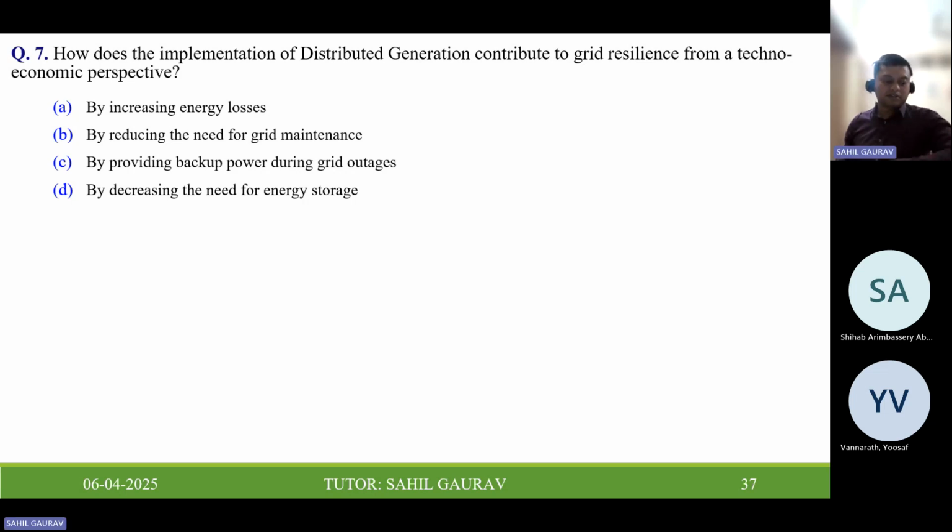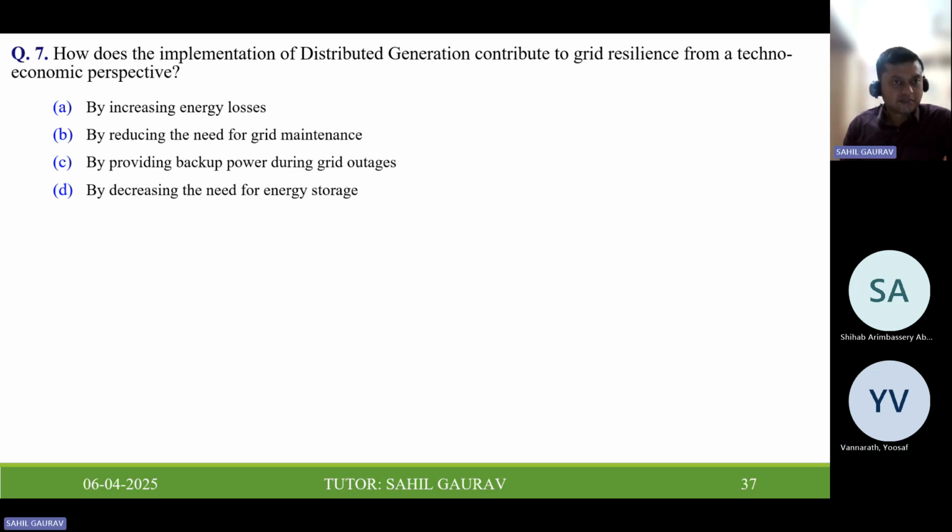Be careful while solving theoretical questions, because in numerical problems, whatever answer you get, they will put exactly one option, so there are more chances of getting it correct in the NPTEL exam.